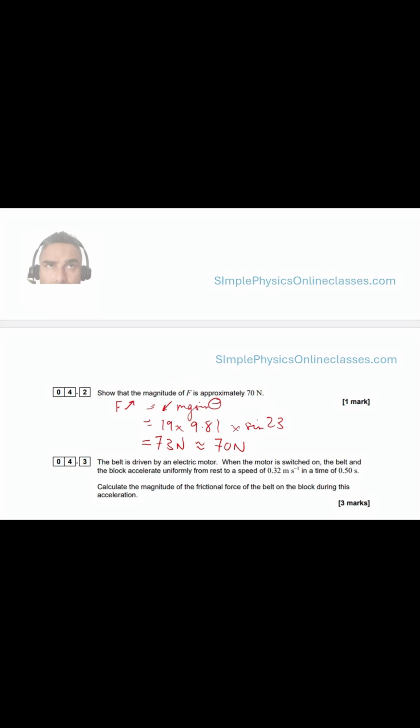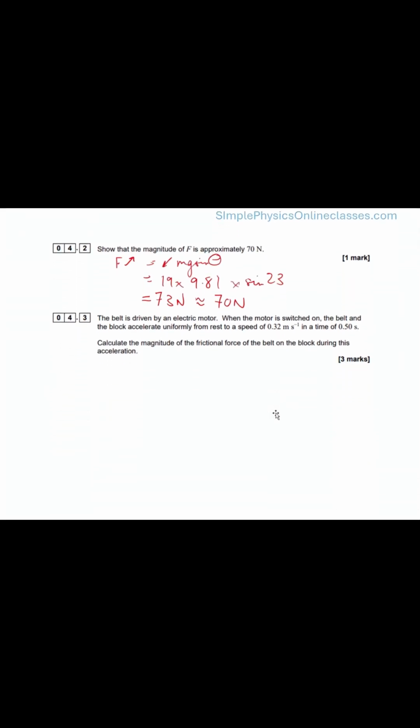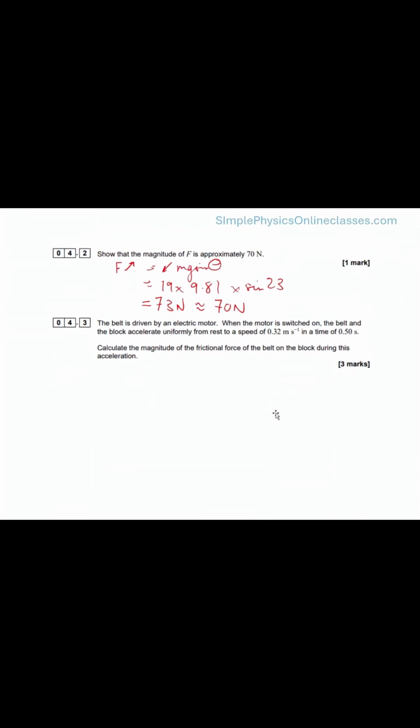So the belt is driven by an electric motor. When the motor is switched on, the belt and the block accelerate uniformly from rest to a speed of 0.32 in a time of 0.5 seconds. Calculate the magnitude of the frictional force on the belt. So what do we know? We can work out the resultant force is equal to ma because it's speeding up.